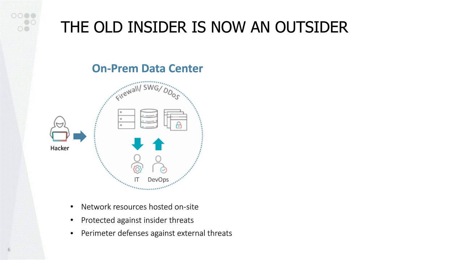So there they had a very high degree of visibility and control into those assets. They protected them against insider threats. And security was mostly concentrated on perimeter protection against external threats. So using mechanisms, for example, such as firewall, secure web gateway, anti-DDoS, WAF, and so on and so forth.